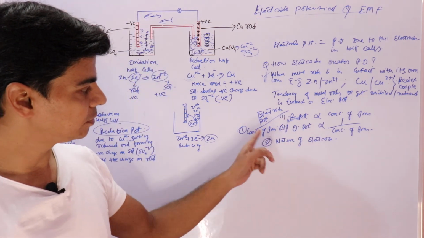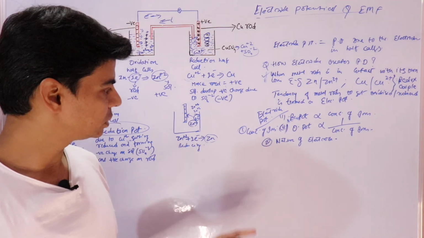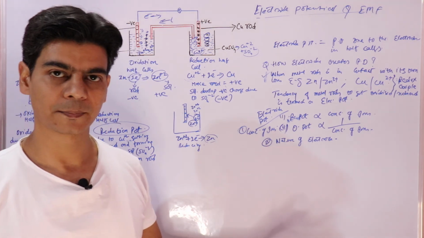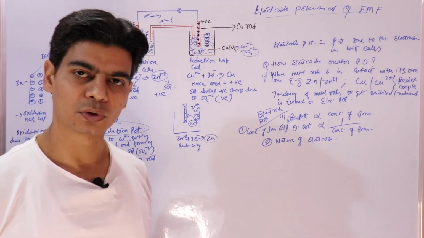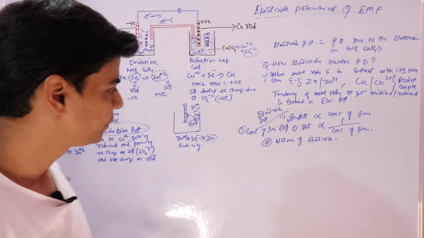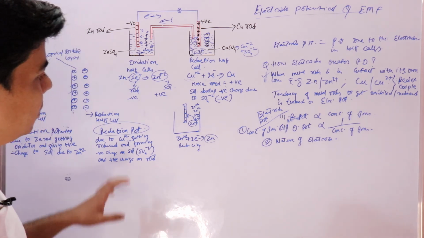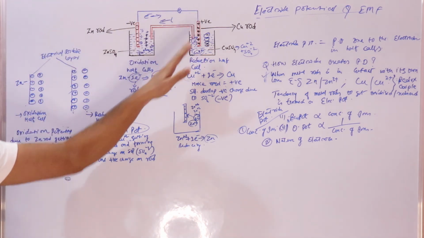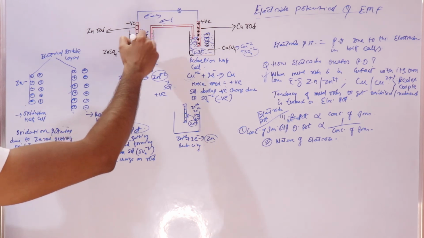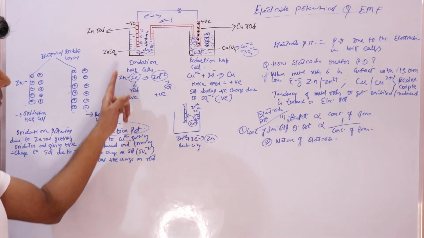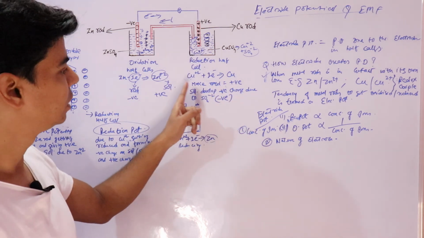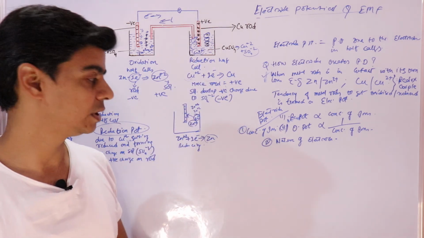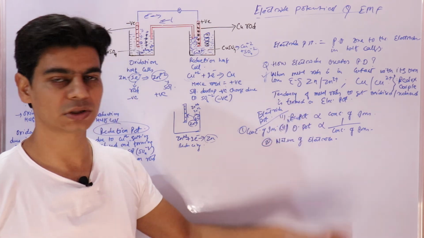When oxidation potential is high, then the concentration of ions will increase, so it will affect the electrode potential. And if we look at the nature of these two electrodes, the nature of this electrode is to lose electrons, so this is oxidation potential. The nature of this electrode is to gain electrons, so this is reduction potential. So it depends on the nature of electrodes and the concentration of ions.